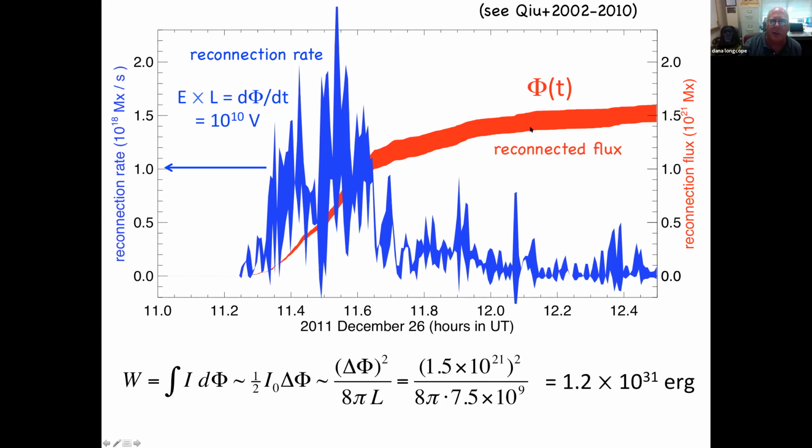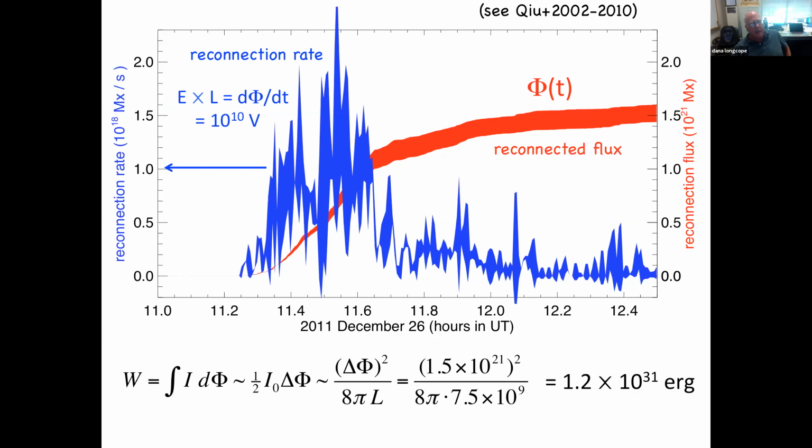This is phi as a function of time for the Boxing Day flare in red. The blue, in case you're interested in electric fields, is the time derivative. You get up to 10 billion volts drop, but I don't know what the drop is across. You calculate the energy: this is the energy released in the Boxing Day flare, 10 to the 31 ergs. You just get it from calculating how much work was done in transforming field lines that used to not connect into field lines that connect.